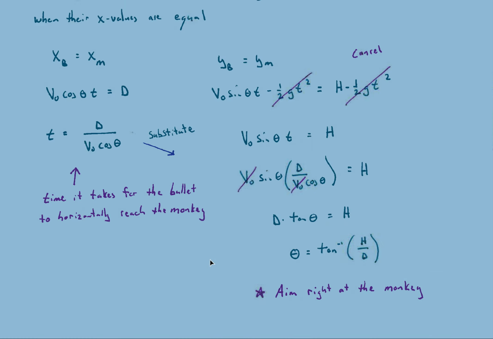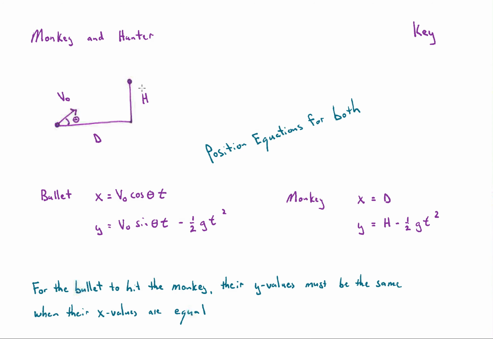Hopefully that makes sense. Look back at it again. Both the monkey and the bullet are under the same influence of gravity. I understand they're both going to fall, but they're going to fall at the same rate. And so, boom. If you aim right at the monkey at the start, you actually will always hit the monkey. Now I realize if you have a really fast gun, the monkey won't fall very much because the bullet will get there really quick.